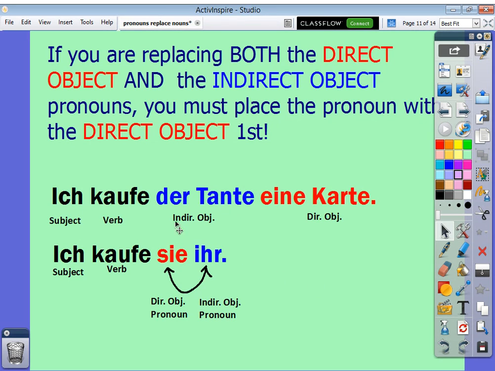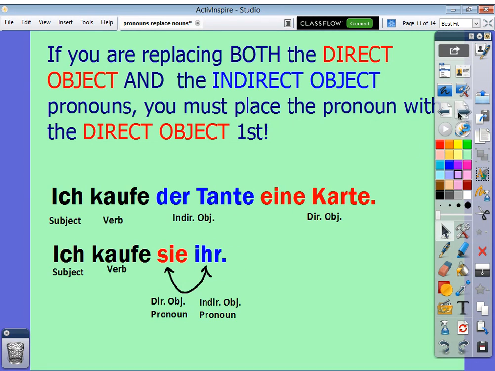So, ich kaufe der Tante eine Karte. Okay, here's our indirect object. Here is our direct object. Notice that they are color-coded because in this order, we would use indirect, then direct, and when we replace them, we now have direct and indirect. So in other words, the dative thing will be last.